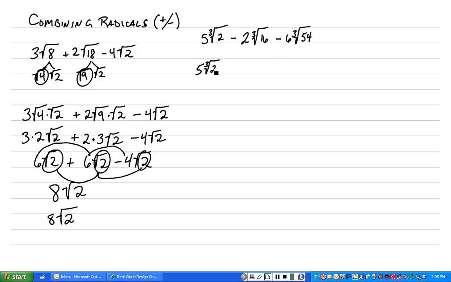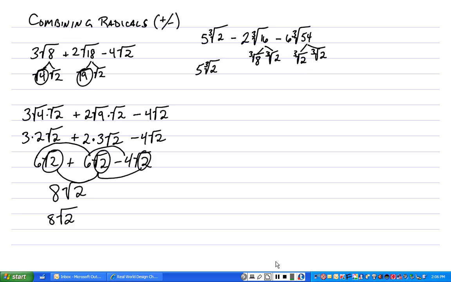Now I see I have a cube root of 2 here, so in order to be able to combine these with it, these need to break down to a cube root of 2. So 16 divided by 2 is 8, and 8 is a perfect cube. Again, I know this one needs to break down to a cube root of 2 and something.